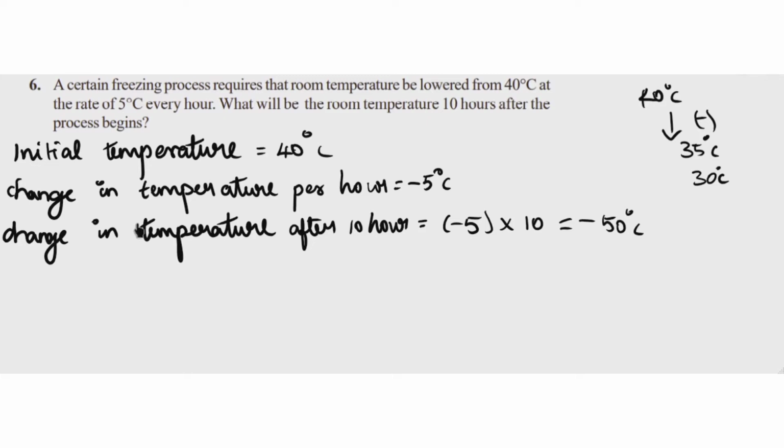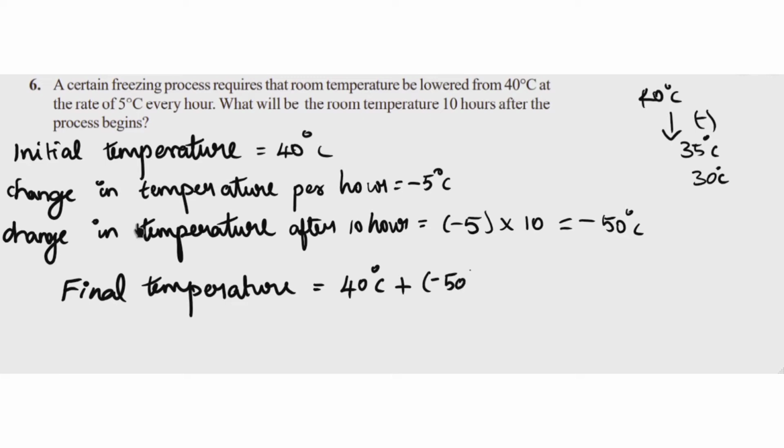But here they have given the initial temperature, right? From that they are asking what will be the room temperature after 10 hours. So we have to find our final temperature after 10 hours. The final temperature is nothing but we have to add the initial temperature as well as the after 10 hours temperature. Our initial temperature is 40 degrees Celsius.